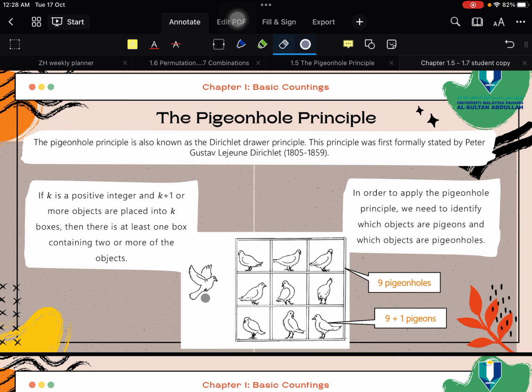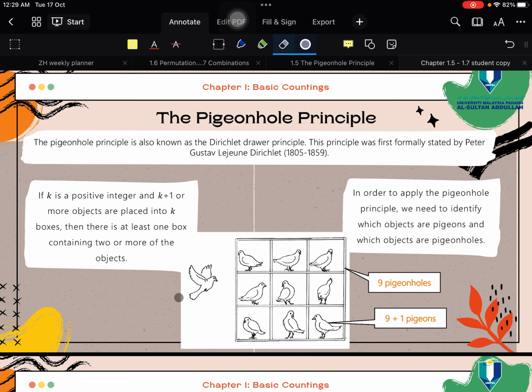So if there are 10 pigeons, 10 objects, and we try to place these objects into these boxes, each box will have 1 bird, but you will have 1 extra bird who has no box to go to. Correct or not?